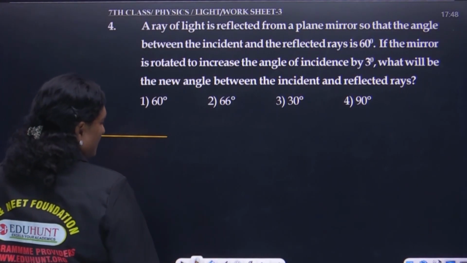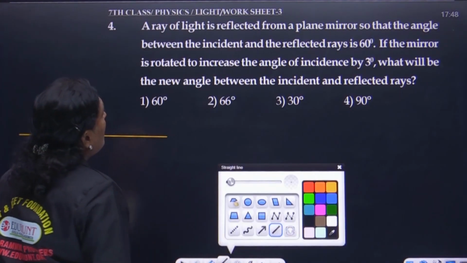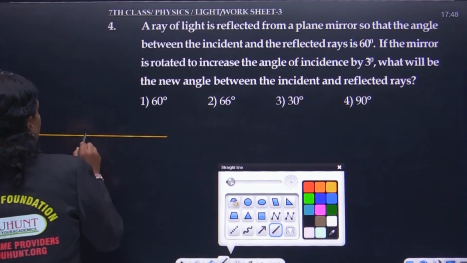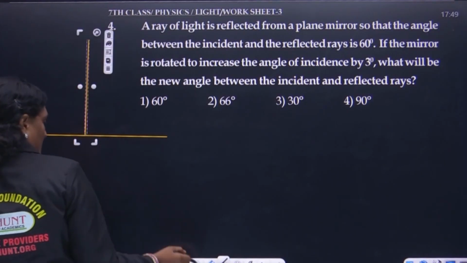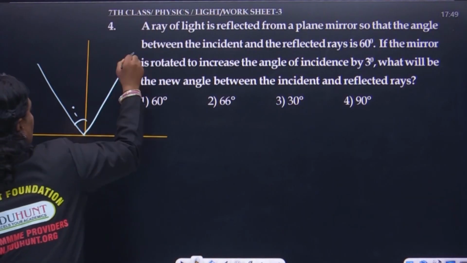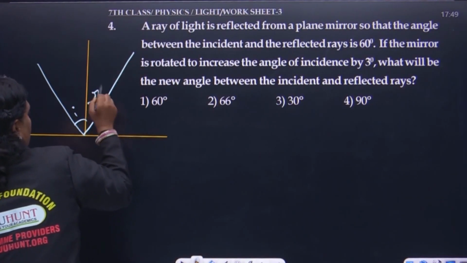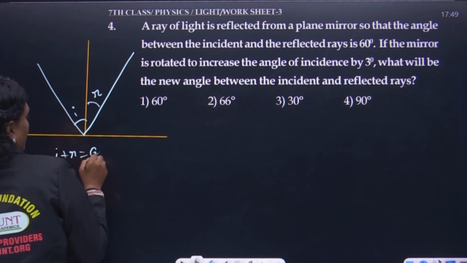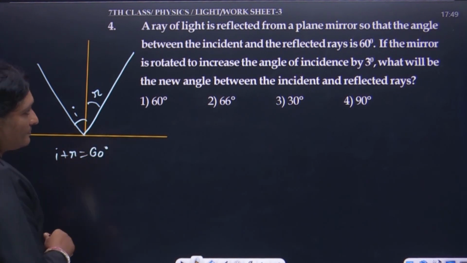If this happens to be the incident ray, then this will be the reflected ray, and the total angle I plus R is given as 60 degrees.